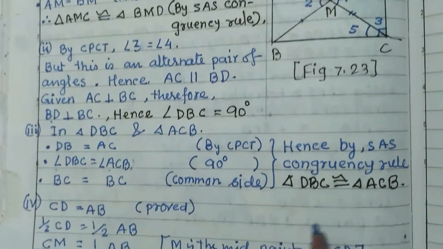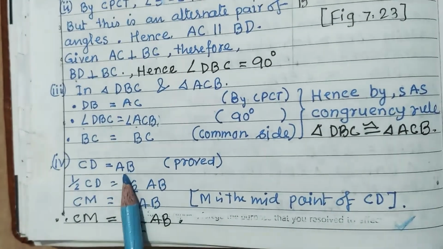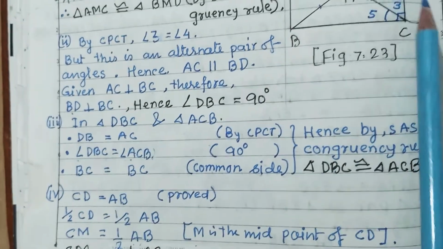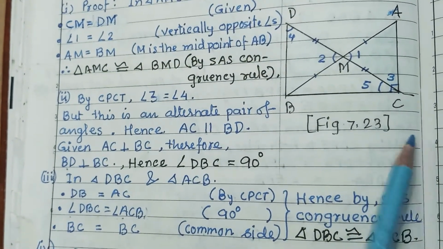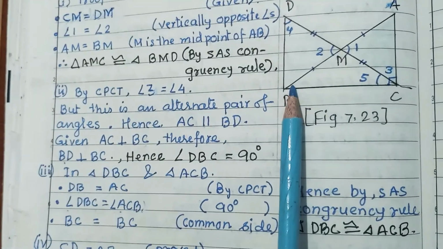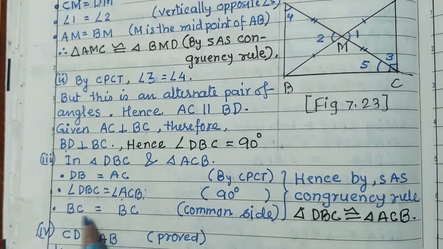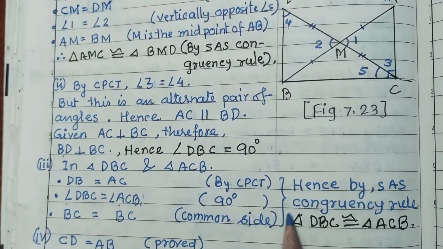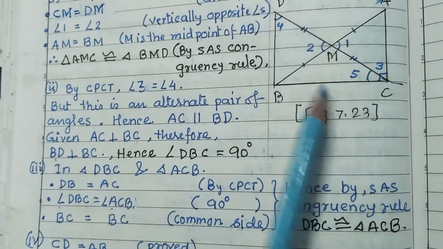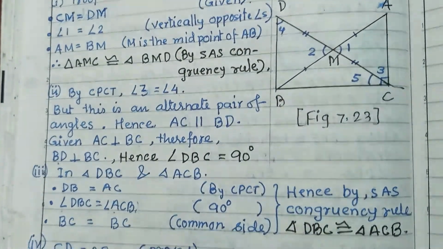Now last part, CD is equal to AB. We have got it. It is by proving that these two triangles are congruent, so by CPCT we can write this is equal to this.